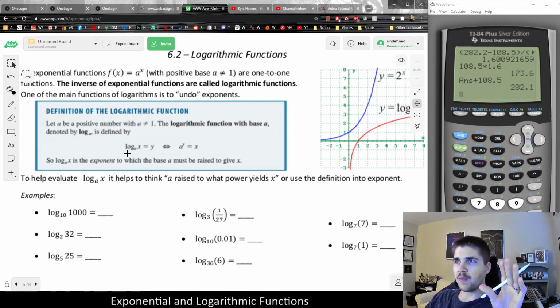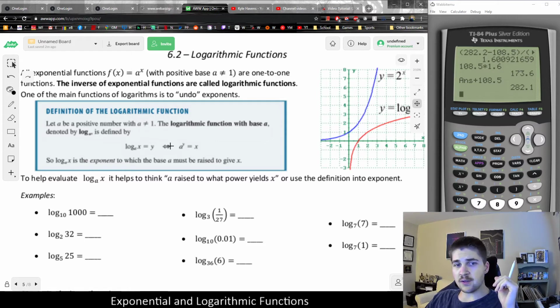Before we talk about what that means, notice on the right-hand side it says a to the y is equal to x. So we have a simple exponential relationship where y is the input in the exponential expression and x is the output.